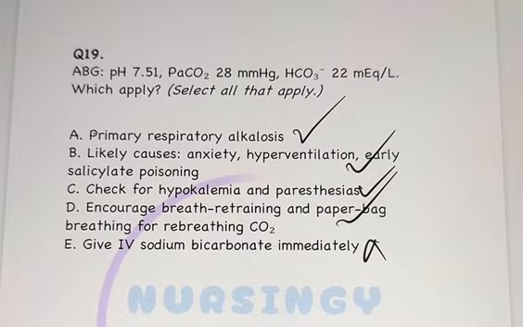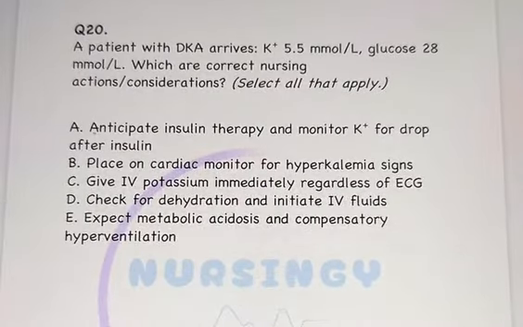That's what happens, we have a cellular shift in alkalosis. That's why we will have paresthesia and we need to monitor the potassium. Let's do the last question, and then we will study a bit of how to do the ABG interpretation. We will do that now after 20 questions.